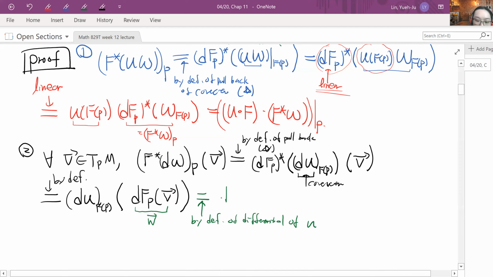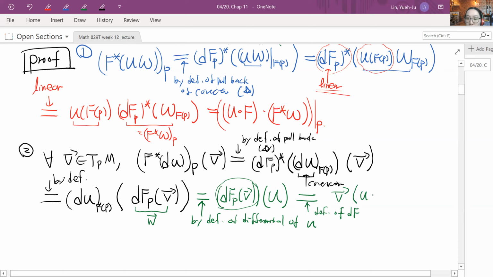So this would be whatever this vector is acting on u. But now we keep going through the definition. You have the differential of a vector acting on u. This is the definition back from chapter 2 when we talked about the differential. So this is essentially taking v acting on u composed with f.